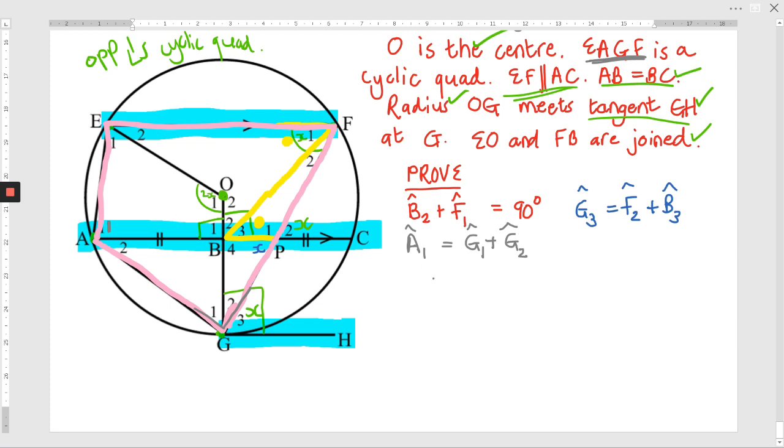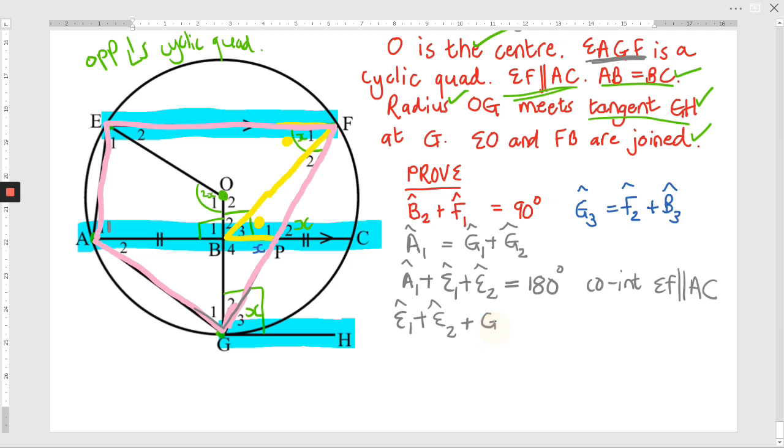Okay, so the way it's going to go there is I'm going to start by saying A1 plus E1 plus E2. Those guys equal 180 degrees because they're co-interior, right? But then those guys, the E1 plus E2, plus the G1 plus G2, the opposite one in the cyclic quad, they add up to 180.